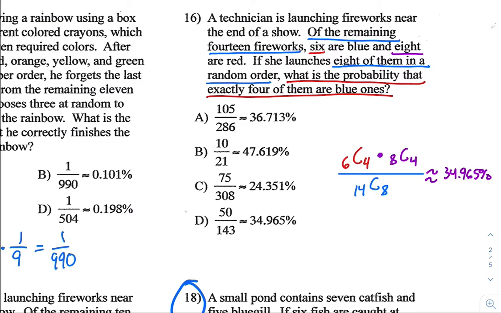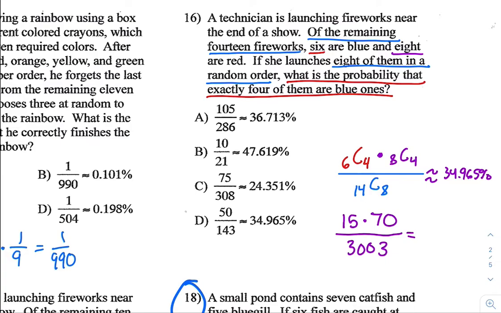Now, if you really want to check your work, I can do that for you. 6 choose 4 should have been 15. When you do 8 choose 4, you should have gotten 70. And 14 choose 8 should have been 3003.